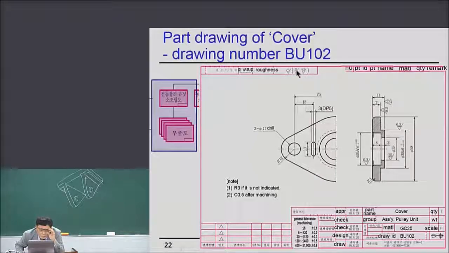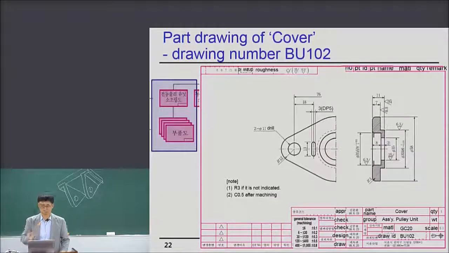So 25 and 6.3 are specially designated. You see here 6.3 surface roughness and 25, okay, given. Only if the surface roughness is designated, then that surface must be machined.